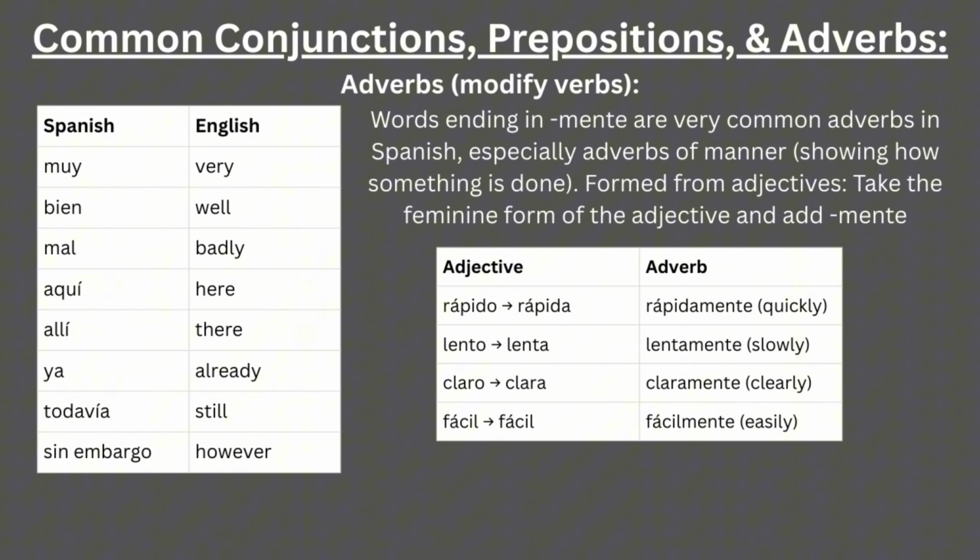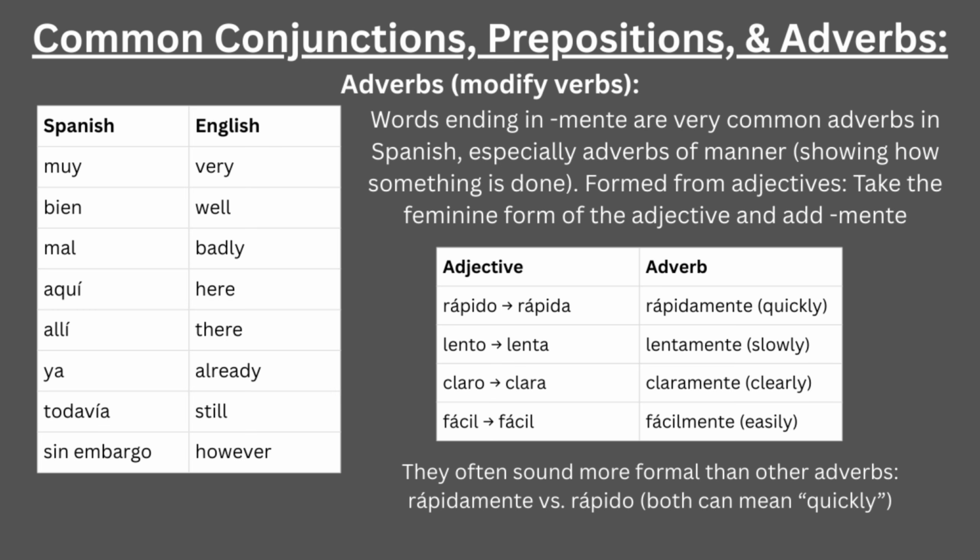For instance, adverbs like rápidamente, lentamente, claramente, fácilmente modify verbs, but they often sound more formal than other adverbs. Rápidamente and rápido can both mean quickly, but rápidamente is more formal.